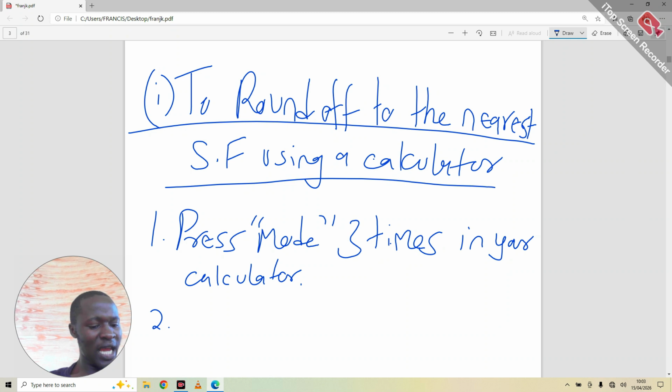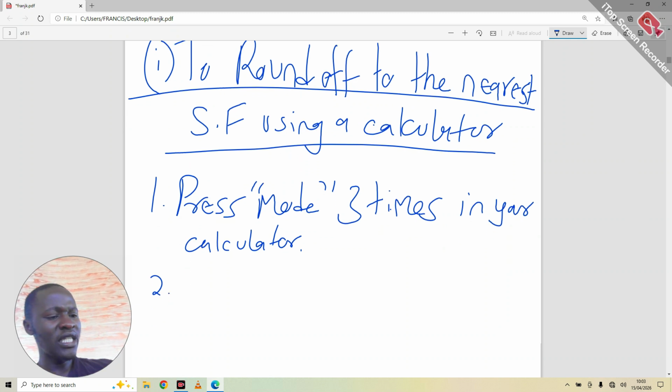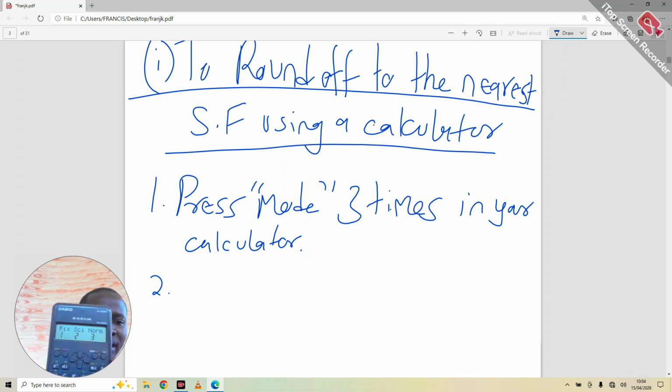Number two procedure: after pressing mode 1, 2, 3, then it will display something to do with fixed, science, normal.